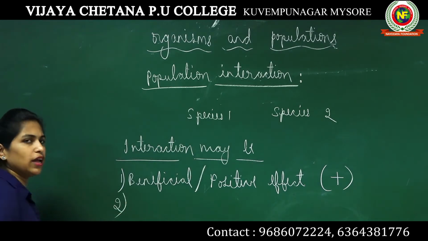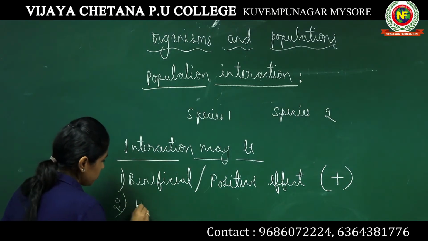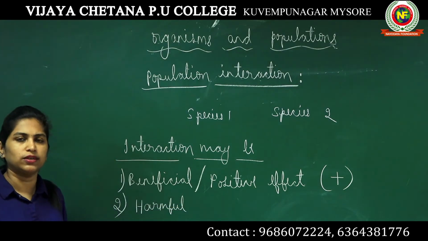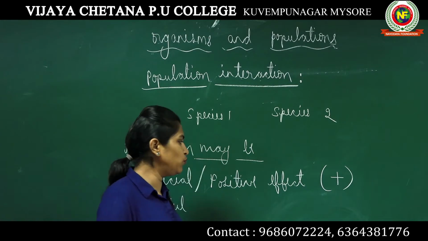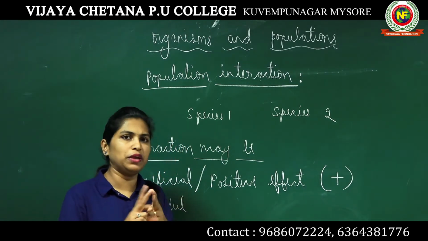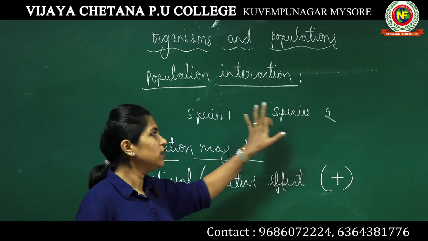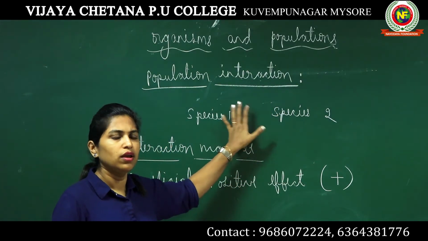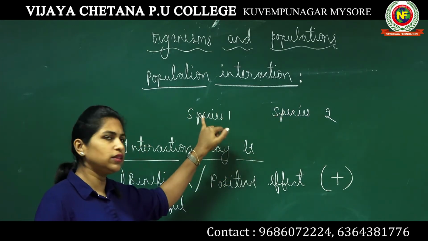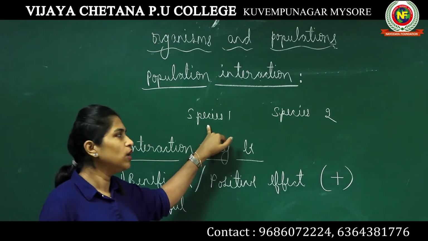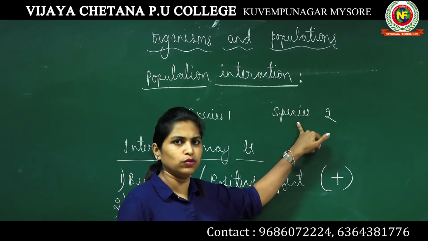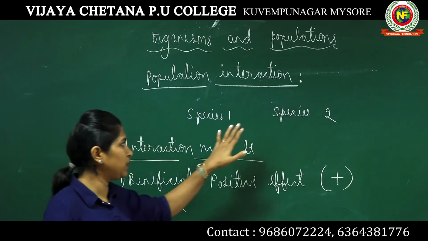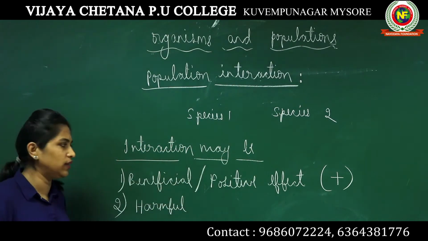The second type of interaction may be harmful interaction. If species 1 and species 2 are interacting with each other, the interaction is either harmful to species 1 or harmful to species 2 or harmful to both of them. So this is known as harmful interaction.